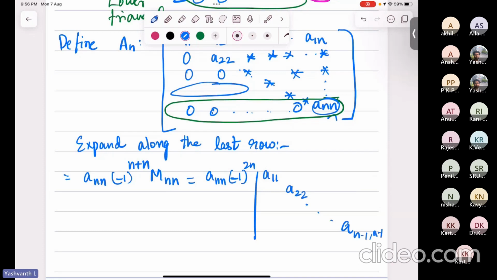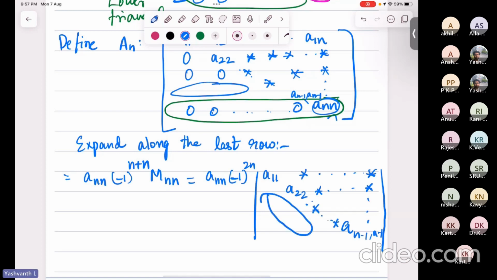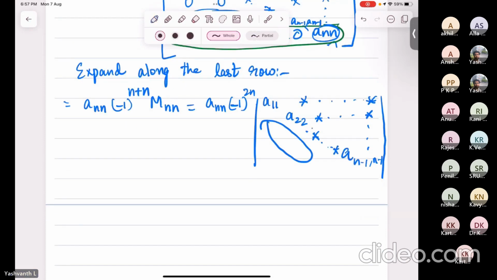That is, till a_(n-1)(n-1), the previous diagonal entry. Again, all these things are non-zeros, and these things are zeros. Now this factor is nothing but 1 itself, because 2n is an even number, and minus 1 to any even power is just 1. This is nothing but a_nn.